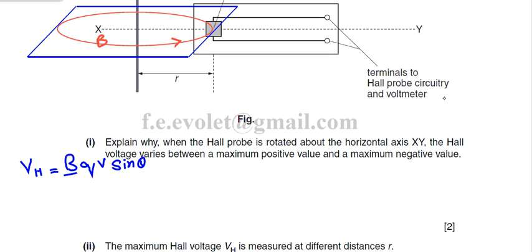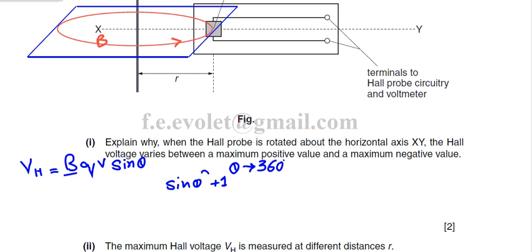When we rotate it by 360 degrees, one complete round turn, we know that sine theta will vary from +1 to -1, right?